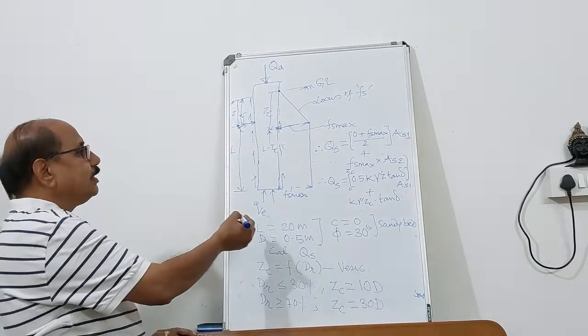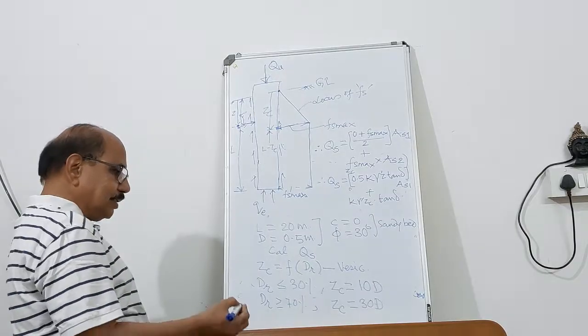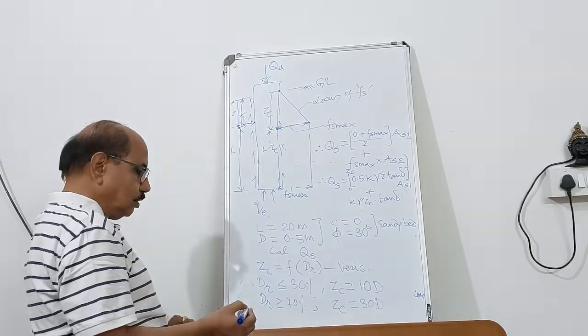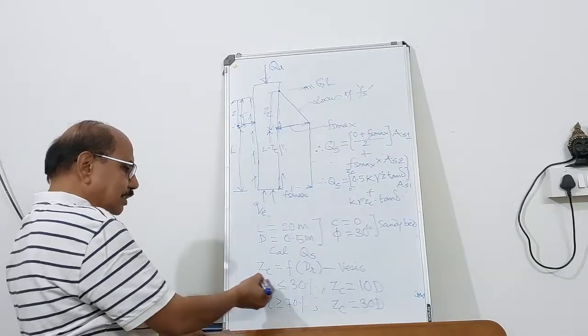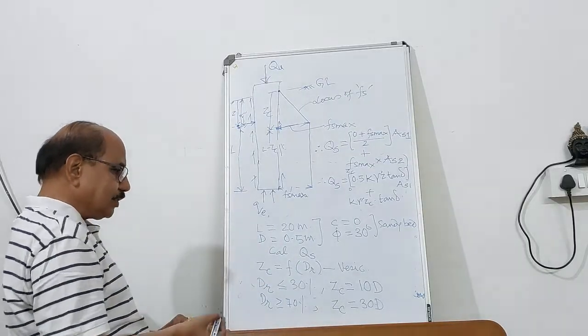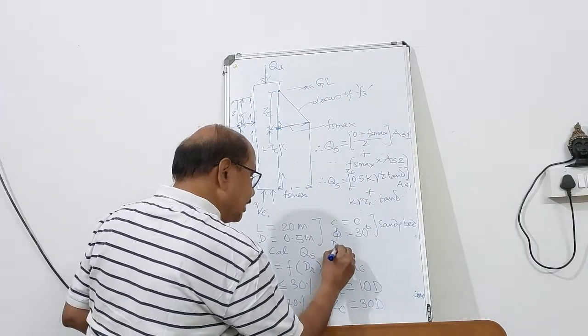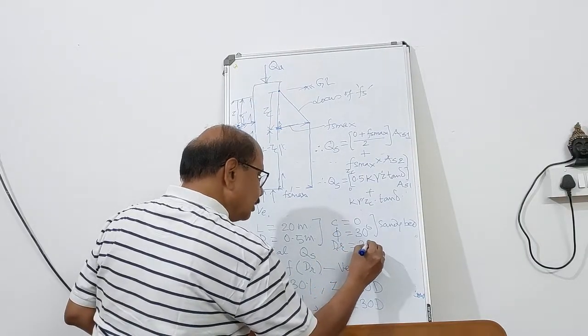Now let's say for your bed, the value is 30%. It is a loose ground. So in a loose ground, the relative density is 30%. So here I give you relative density equal to 30%.